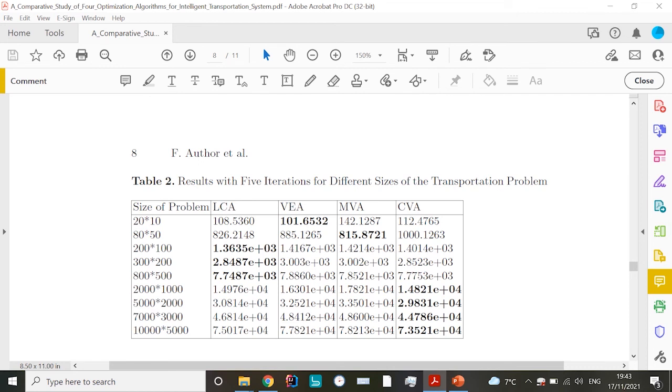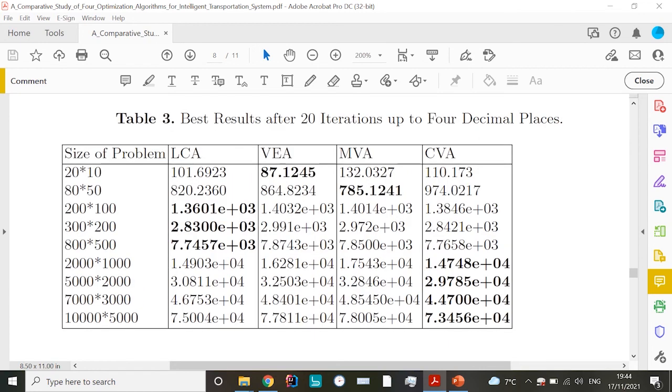As you see, the lane chicken algorithm is very efficient for problems which have small sizes, and on the other hand, we have the CVA algorithm which works strongly for large-size problems. And finally, again the results for 20 iterations.